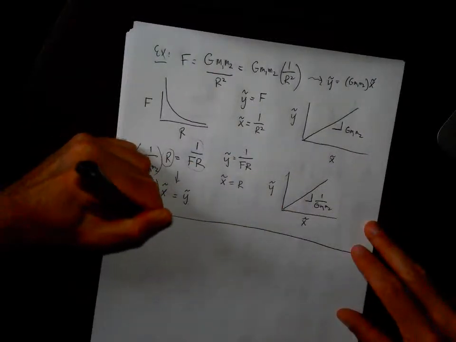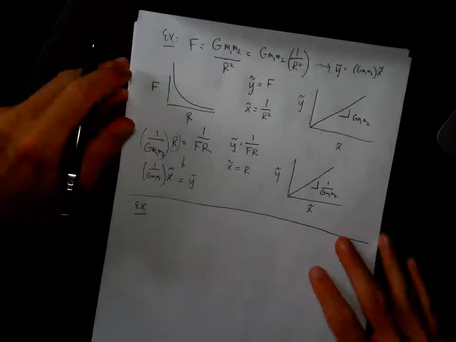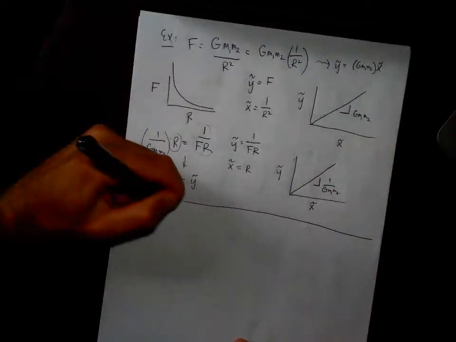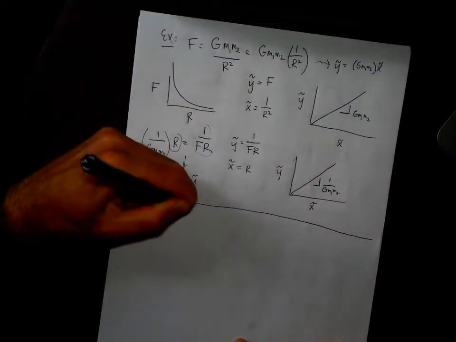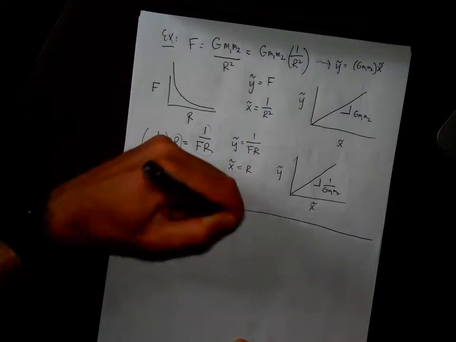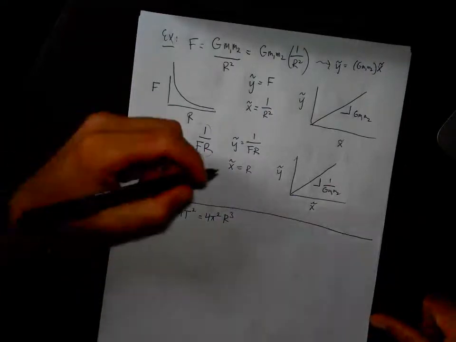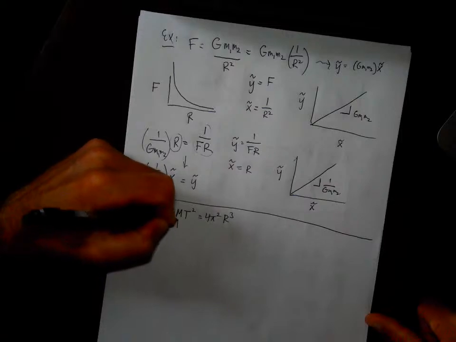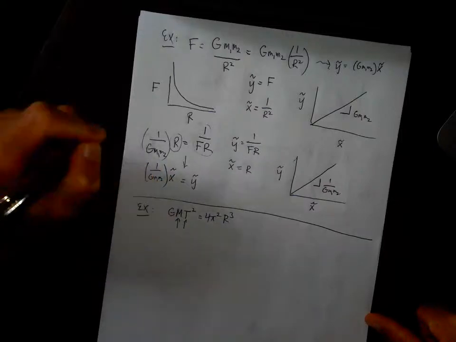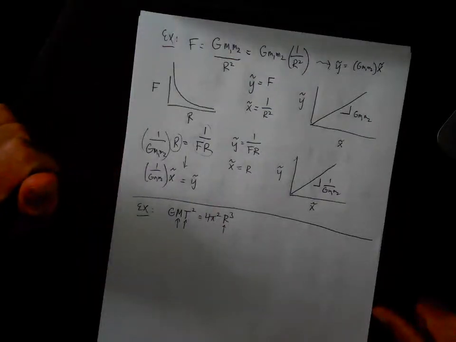Let's do an example with Kepler's law. Kepler's law says G M T squared equals 4 pi squared R cubed. Just to remind you, M was the mass of the central body, T was the period of the orbit, R was the radius of the circular orbit.